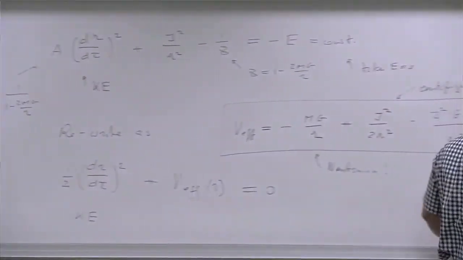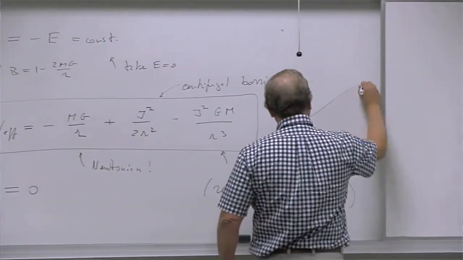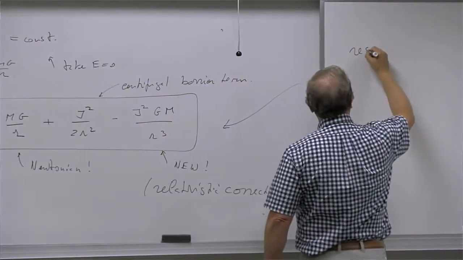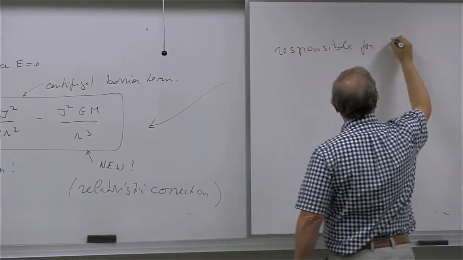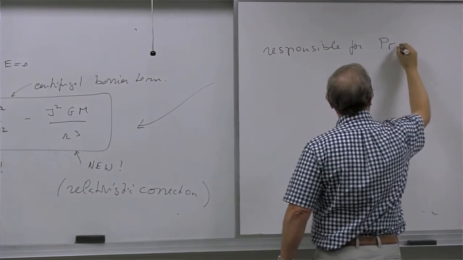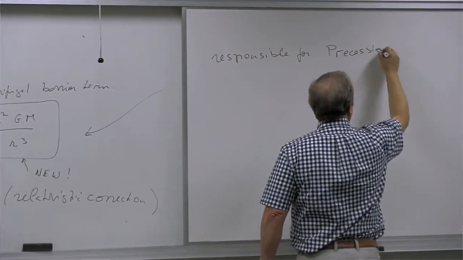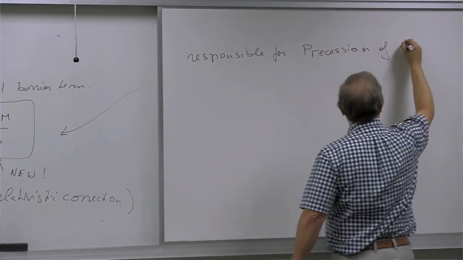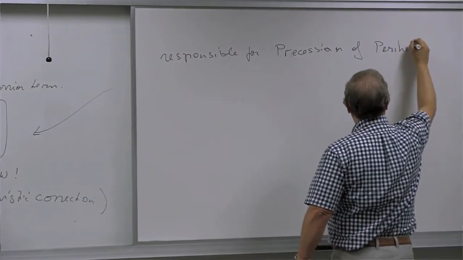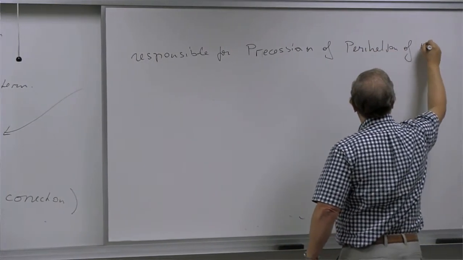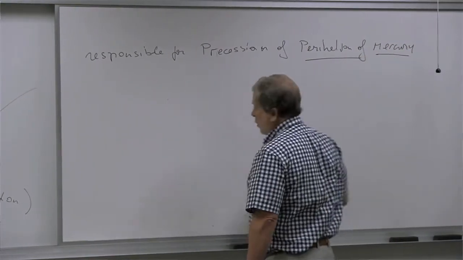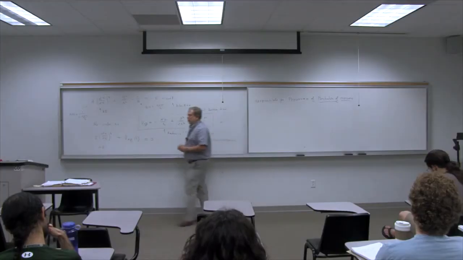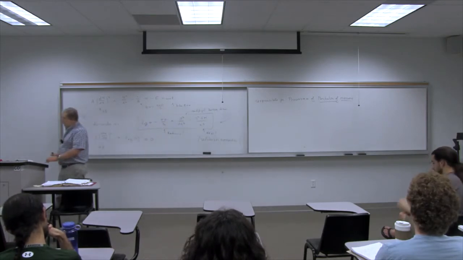So this term here is responsible for the precession of the perihelion of Mercury.